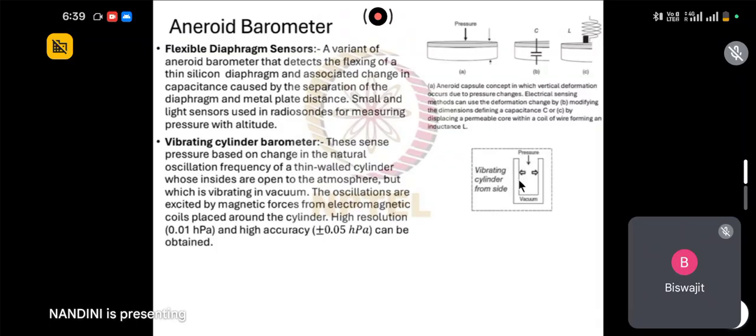The number of oscillations basically gives you the pressure difference. The oscillations are a proxy to the pressure differences.